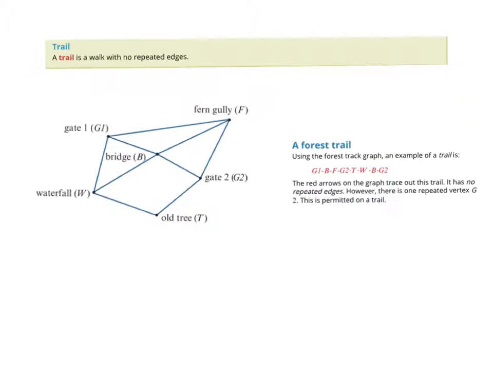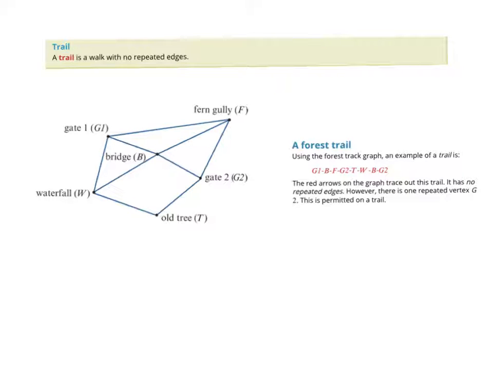All right, let's go to the next one. A trail is a walk with no repeated edges. You can see when we went backwards and back over ourselves, that's not a trail. A trail means you will not walk over the same edge twice. So let's have a look at this one.